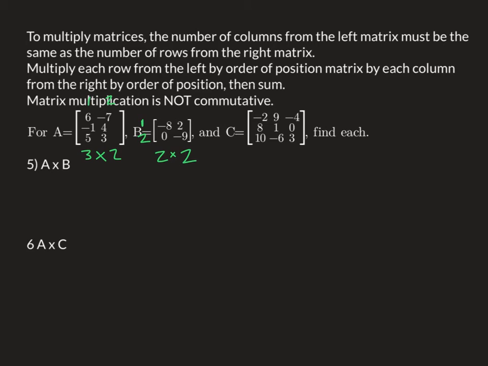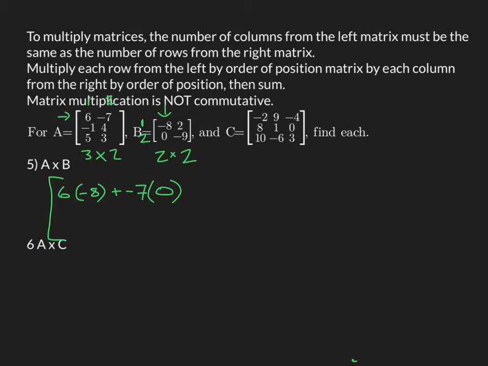Now, to take A times B, we take the first row from A, and we're going to start by multiplying it by the first column from B. This will get our new matrix in the element in the first row, first column. So we're going to take 6, which comes first in the row, times -8, which comes first in the column from B. Then we'll add -7, which comes second in the row, and 0, which comes second in the column.